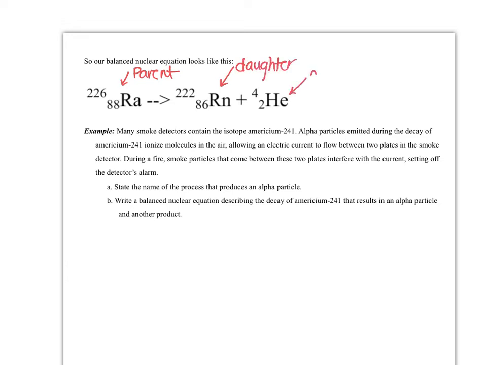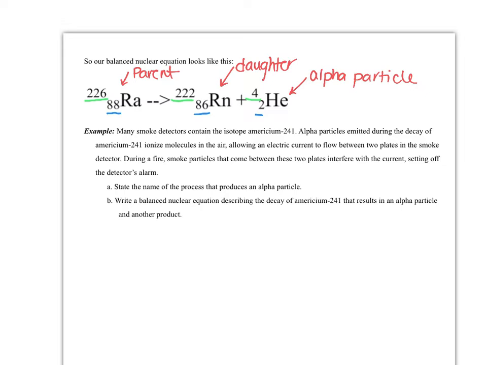And helium was our alpha particle. The mass numbers in both the reactants and products have to equal the same when we add them up. And our atomic numbers in both the reactants and products will add to be the same. Okay, we're seeing that mass is conserved.